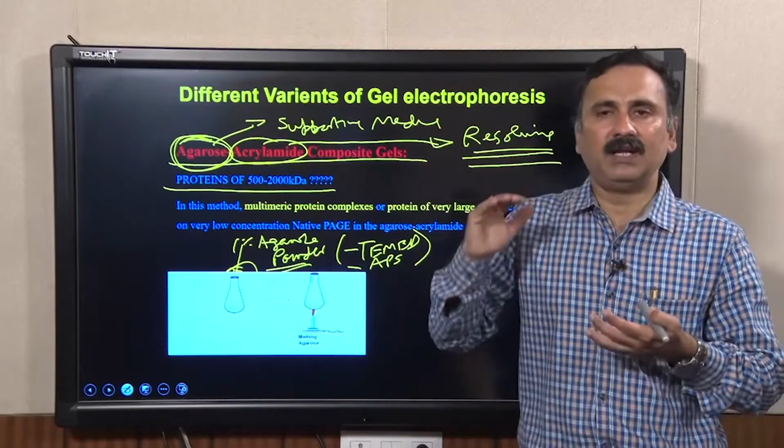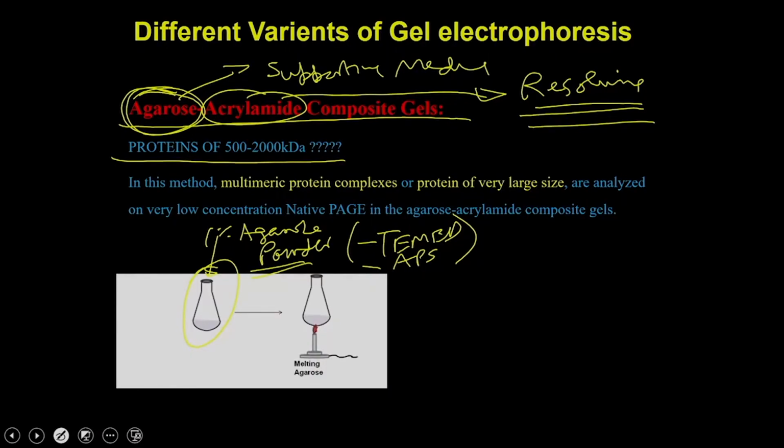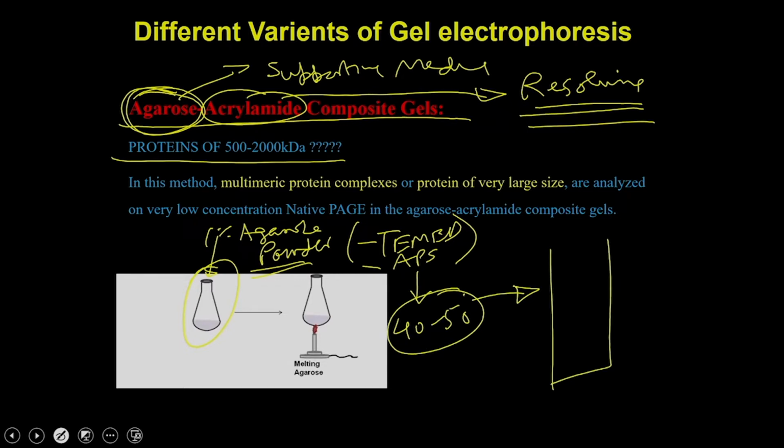You boil it so that the agarose melts, and when this solution cools down to 40 to 50 degrees, you pour it into the glass plates which you use for vertical gel electrophoresis, and let it set to give you the resolving gel.